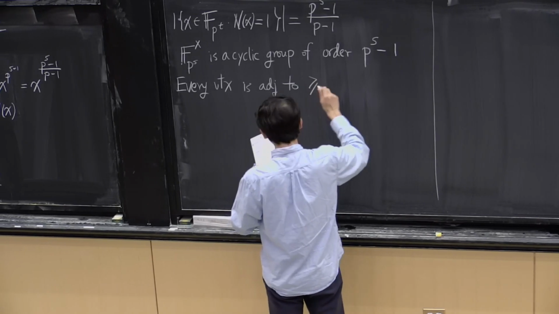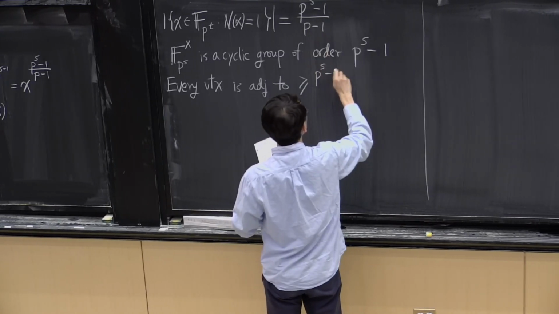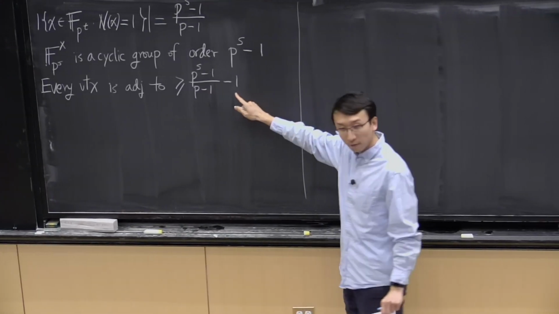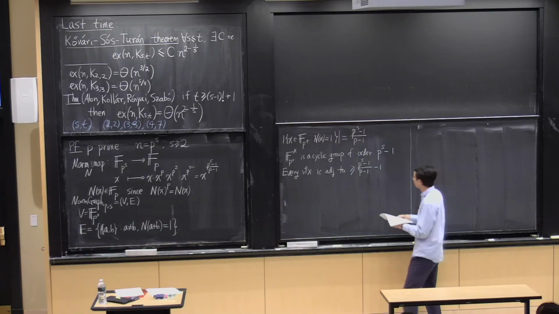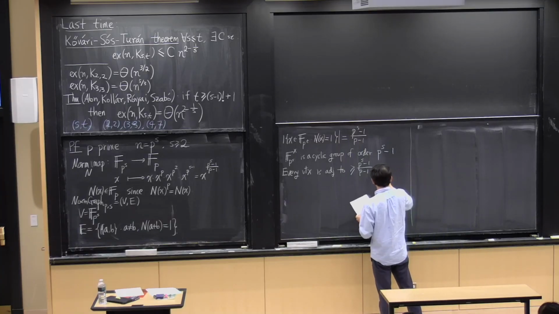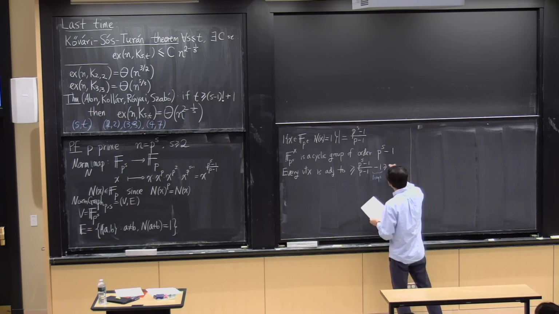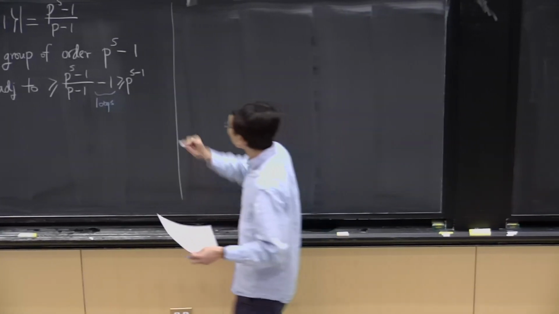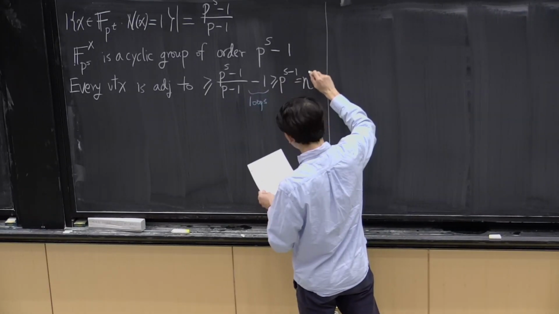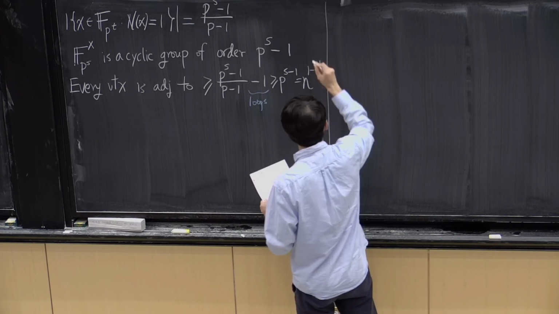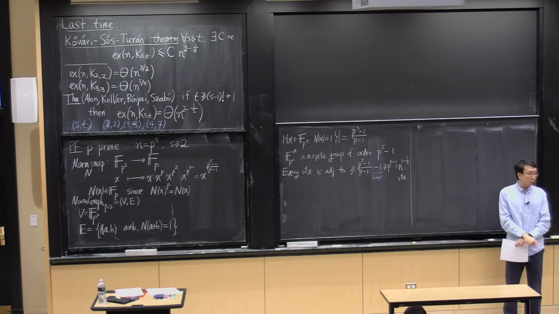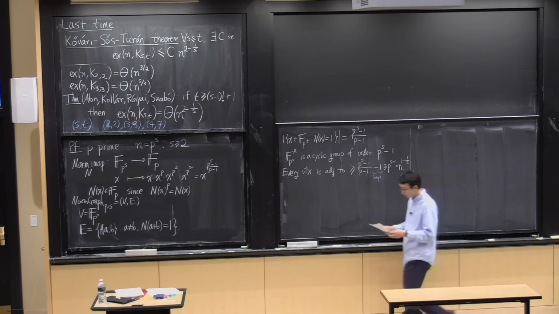So it's adjacent to at least this number up here minus 1, to account for possible loops. Which is pretty large, about p^s, which in other words is n raised to 1 minus 1 over s. That many vertices, and you see that this gives you the right number of edges.